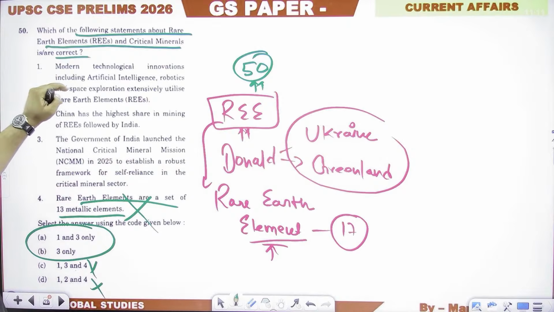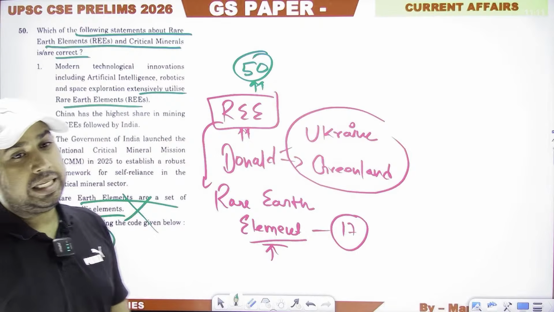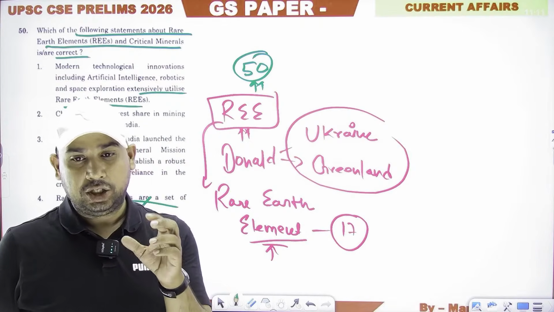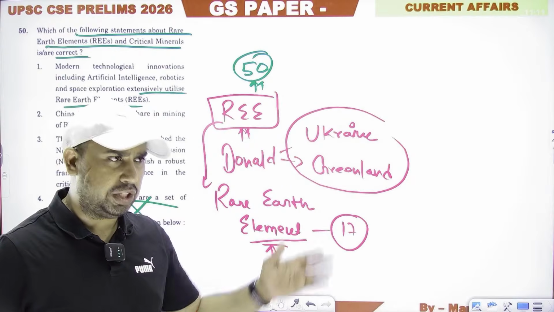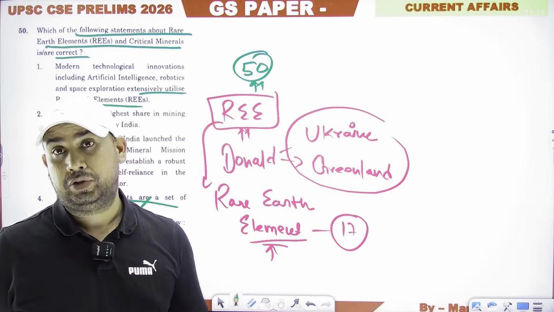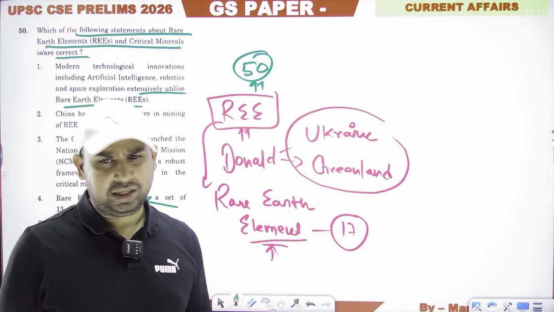In the first statement, they are saying that modern technological innovations including artificial intelligence, robotics, space exploration extensively utilize rare earth elements, and China has the monopoly in that. USA wants to grab that market. That's why USA keeps on working with Ukraine, or they are further interested in Greenland and the other mineral-rich areas of Africa and South America.